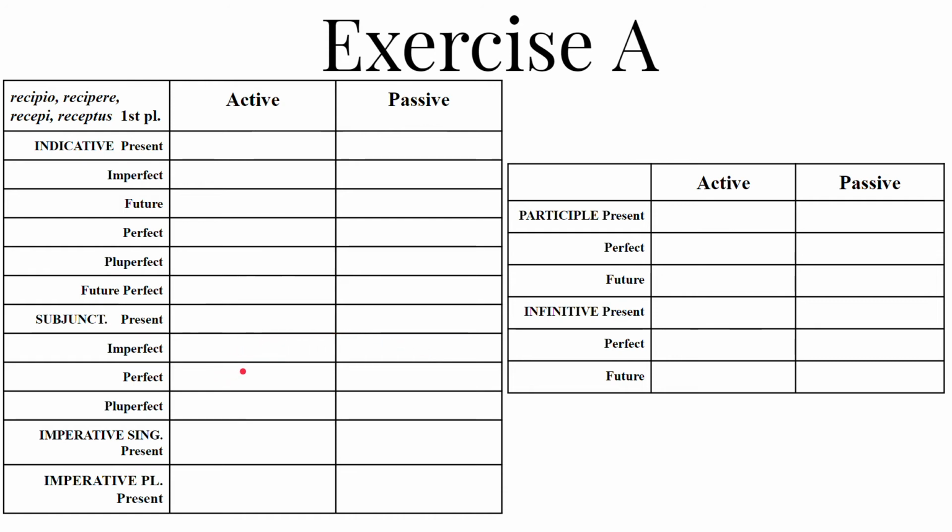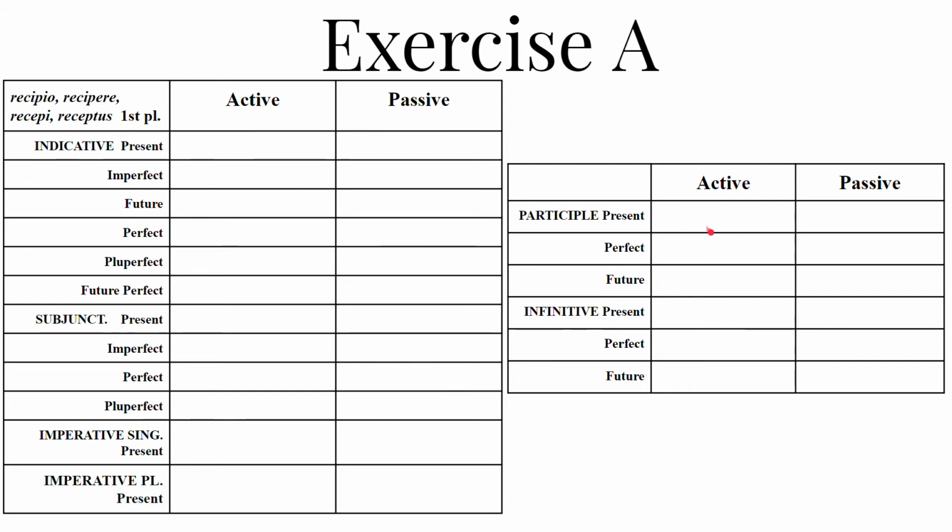Perfect, recep, perfect stem, plus erimus: receperimus. Pluperfect, recep plus isse, and then mus: recepissemus. For the perfect passive, recepti, ae, a, make sure you make it plural: recepti, ae, a, simus. And then for the pluperfect passive, recepti, ae, a, essemus.